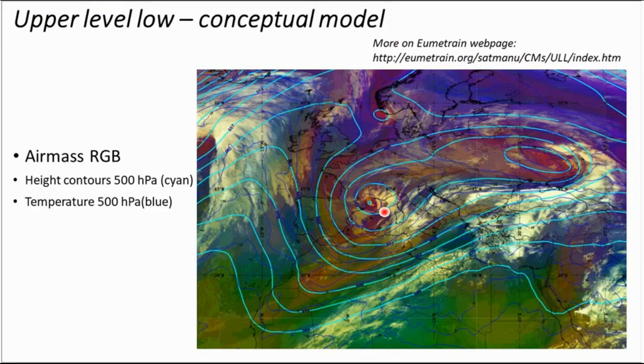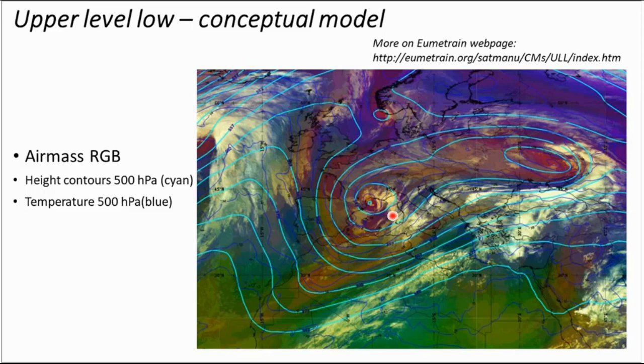It is always very nicely represented with this brownish, reddish color. One of the key parameters is of course the geopotential at 500 hectopascals, where you have these closed lines. And also the temperature at 500 hectopascals, where you have a minimum of temperature, because the upper level low is always colder than the surroundings.